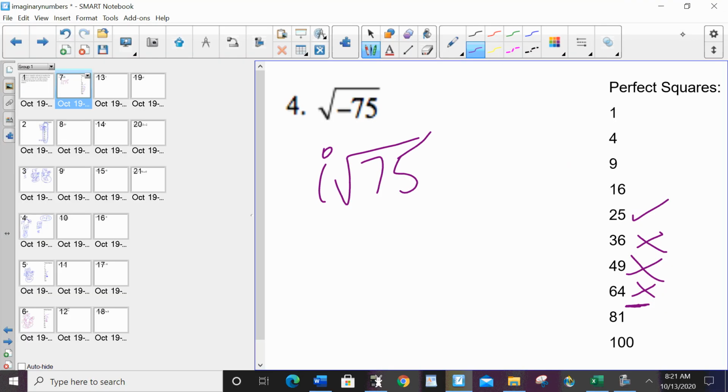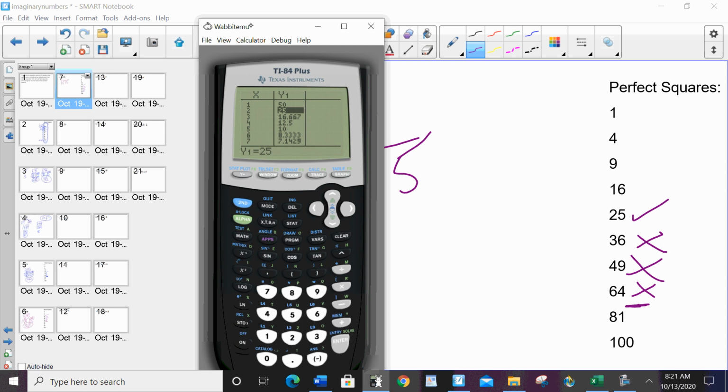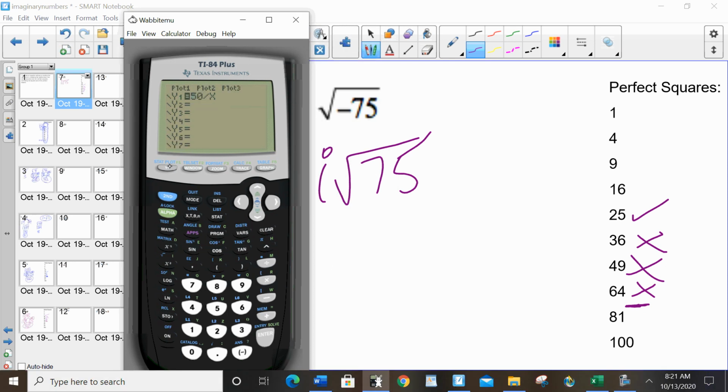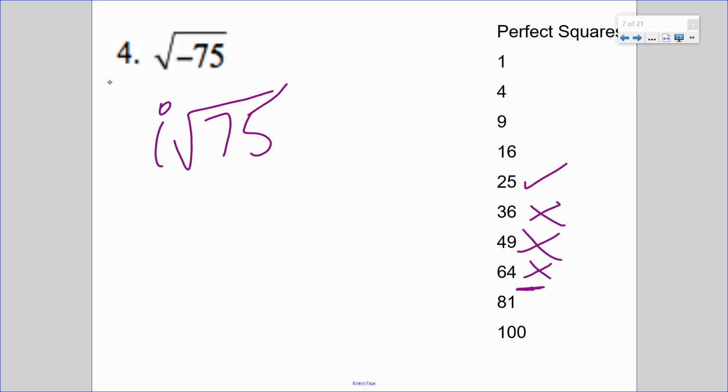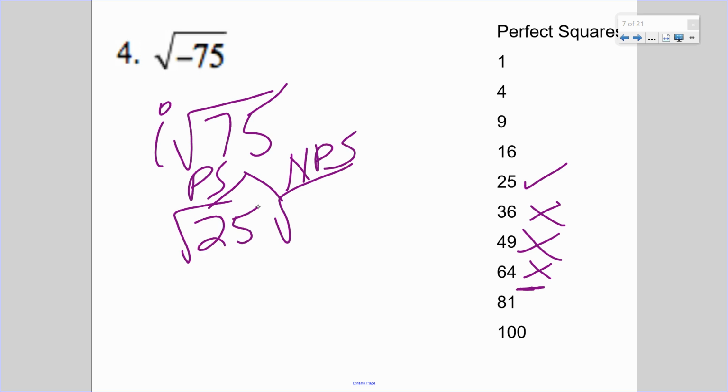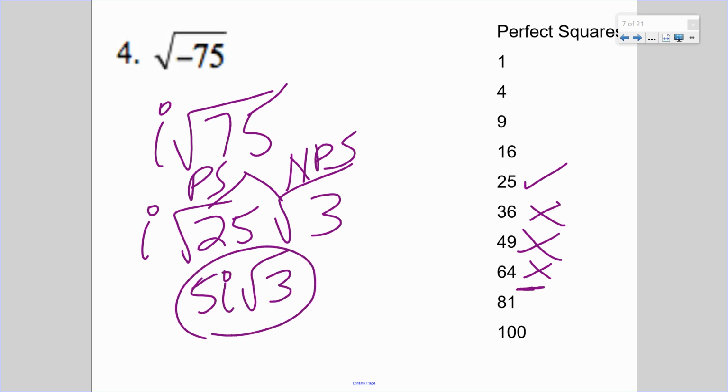And again, if you don't have your times tables or can't figure that out, then you can go to y equals 75 divided by x, second graph, and you're looking in the y column. 75 is not on the list, 37.5 is not on the list, 25 is. So I break it down into my perfect squares and my non-perfect squares. 25 and 3. The square root of 25 is 5i, and the rad 3 comes down.